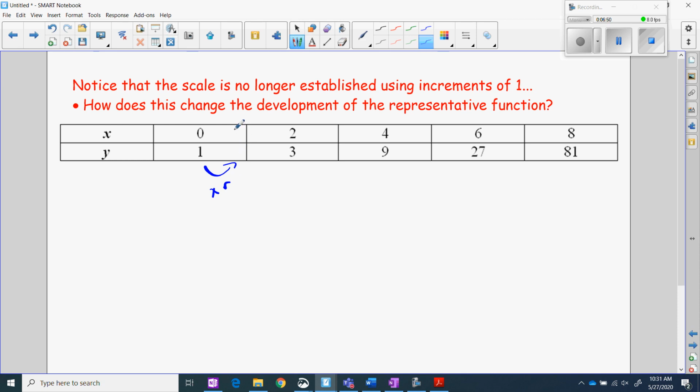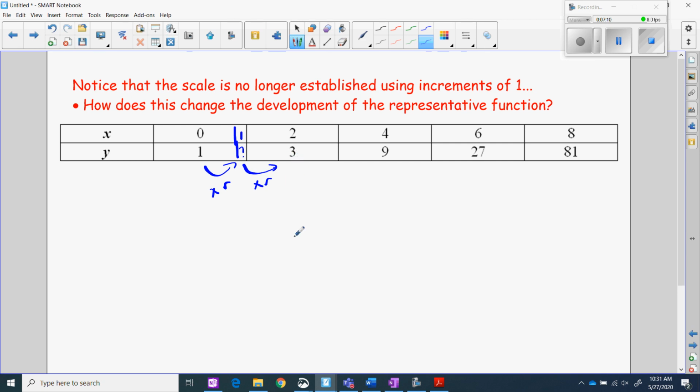That would have got me, imagine there was a term here, 1, and there would have been some number there. But then I would have taken that and multiplied by another r to get to there. So the fact that I've skipped 1 really means that I've multiplied by r twice to get to this term.